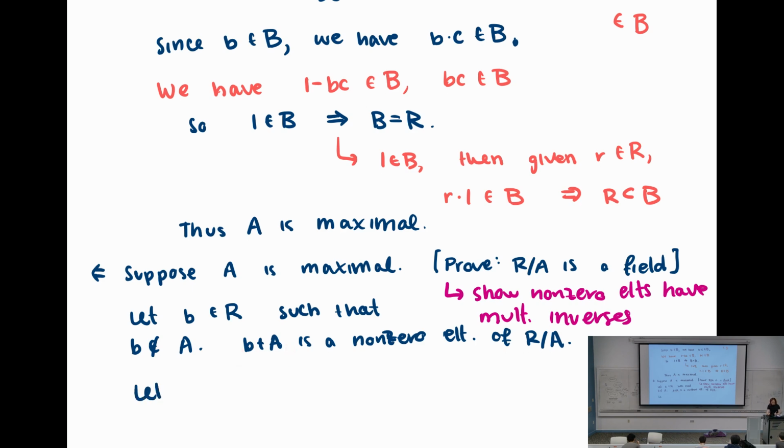Let B be equal to the set of, so we have our little element B, we're going to take B times r's plus a's such that r is in R and a is in A.